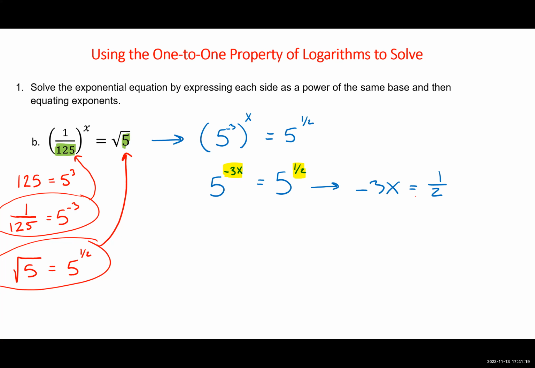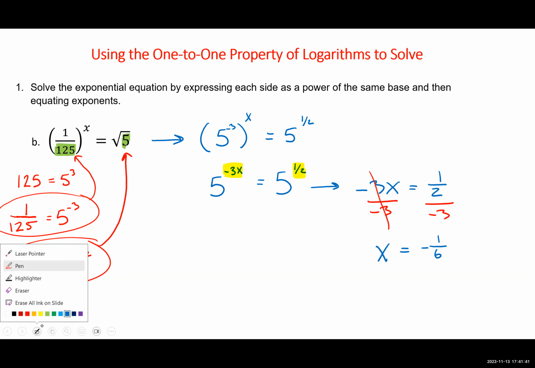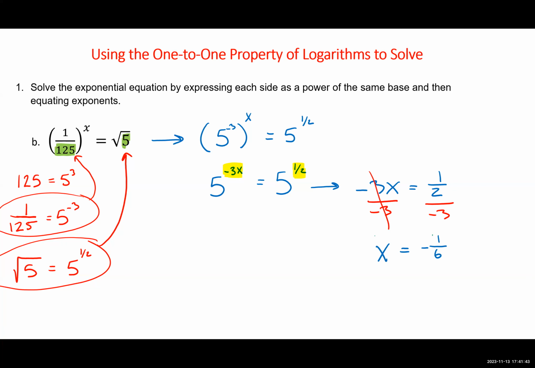We've got negative 3 times x, so let's divide by negative 3 on both sides. So those negative 3s cancel. We get x is equal to, well, 1/2 divided by negative 3. I think that's going to be negative 1 over 6. Negative 1 over 6.